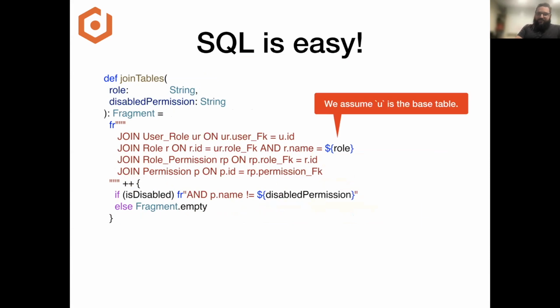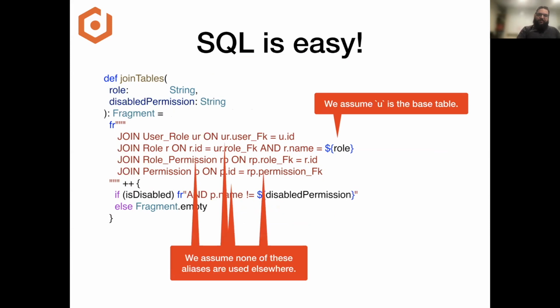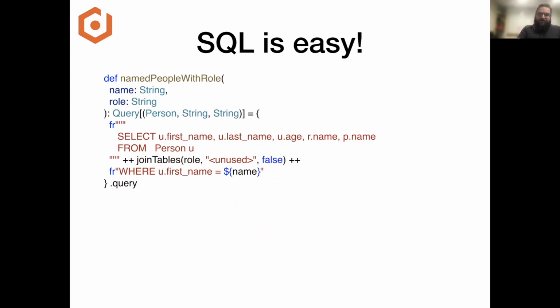Okay, great. Except for the fact that we're assuming here that this table U actually exists from somewhere, right? We're assuming that this was coming from some table that has an ID column on it. And then we're assuming that none of these aliases are being used in other places, right?